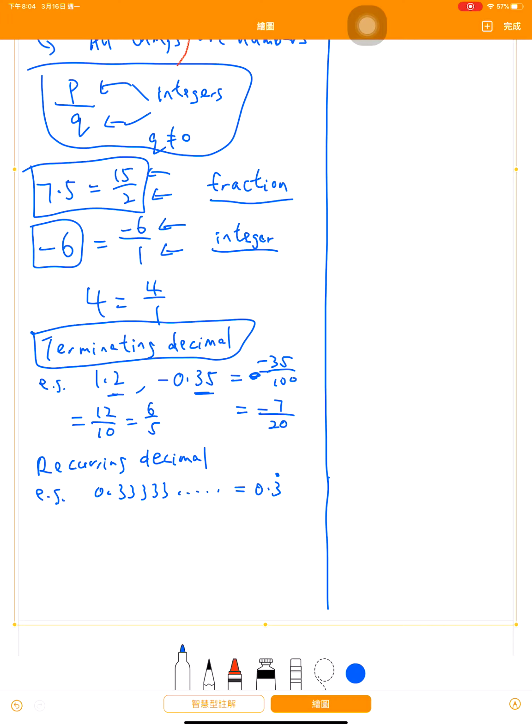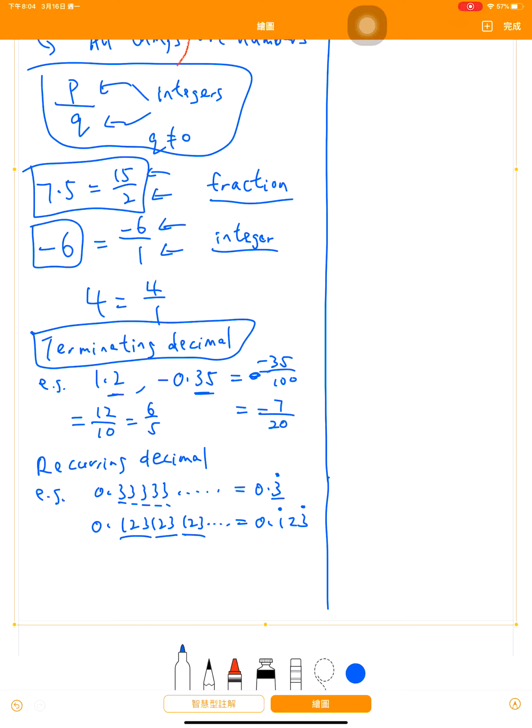And one more example, 0.123123123123123. Then we use 0.123 with dots at the beginning and the ending, only these two dots. So we are repeating 1 2 3, 1 2 3, 1 2 3. This one we are repeating 3 3 3 3 3.